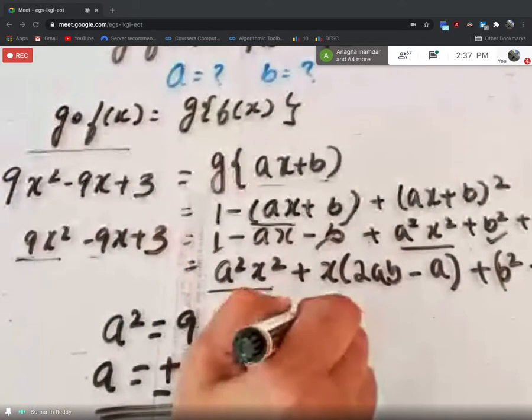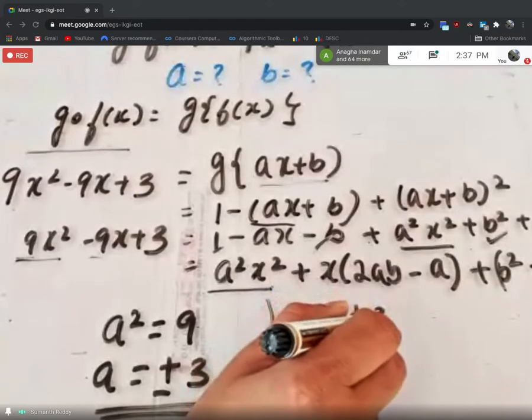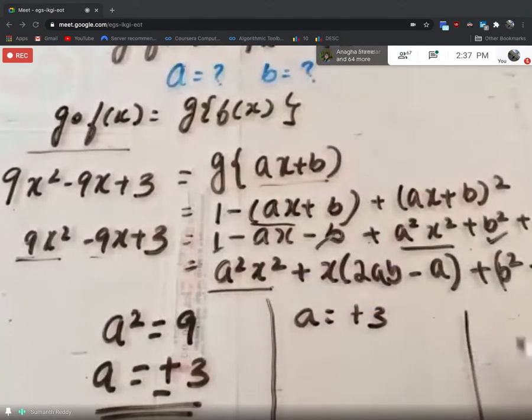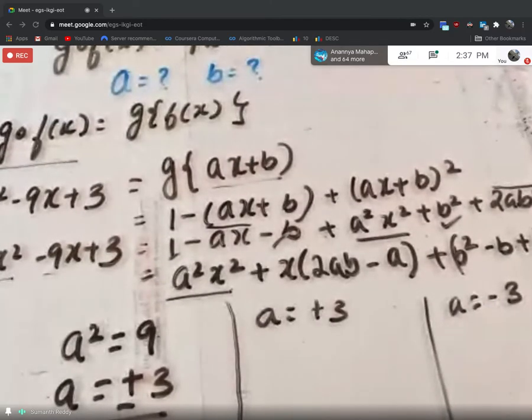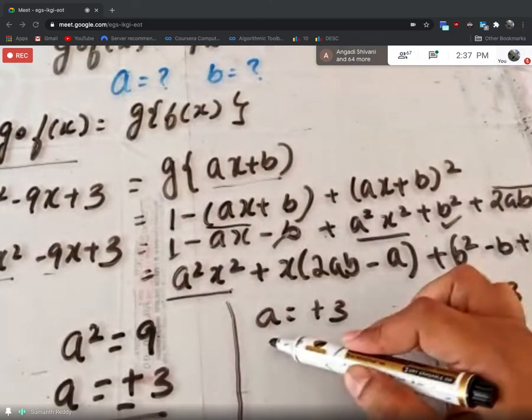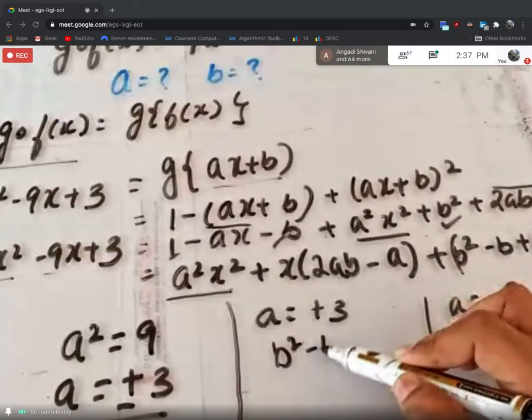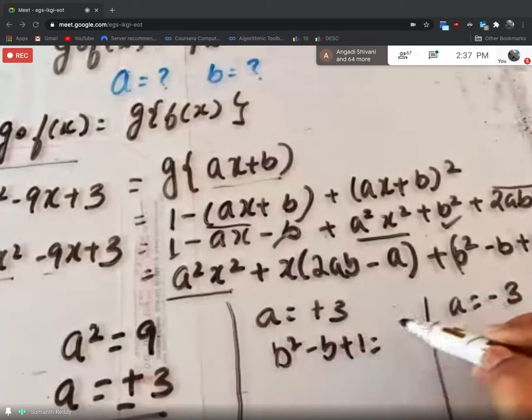Depending upon whether a is plus 3 or minus 3, I'll have two solutions for b. To find b, I take the help of b square minus b plus 1, which is equal to 3.